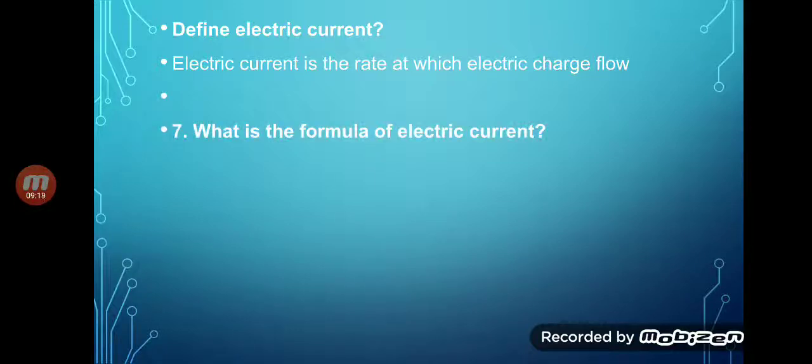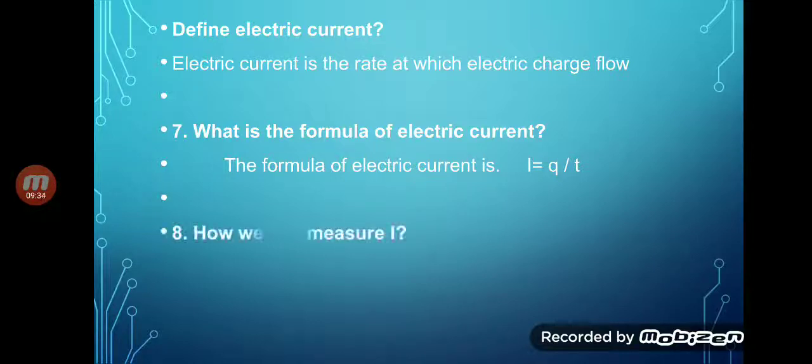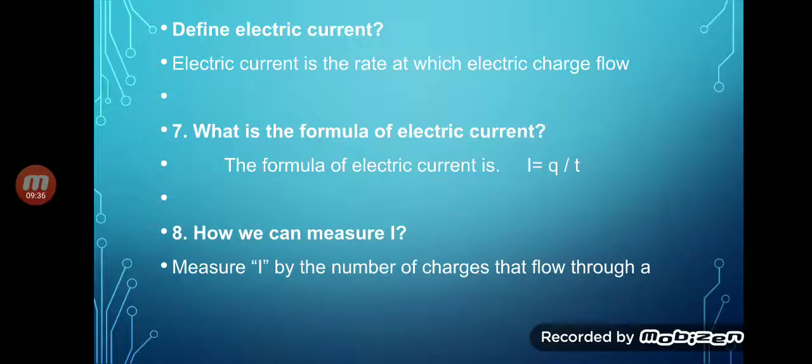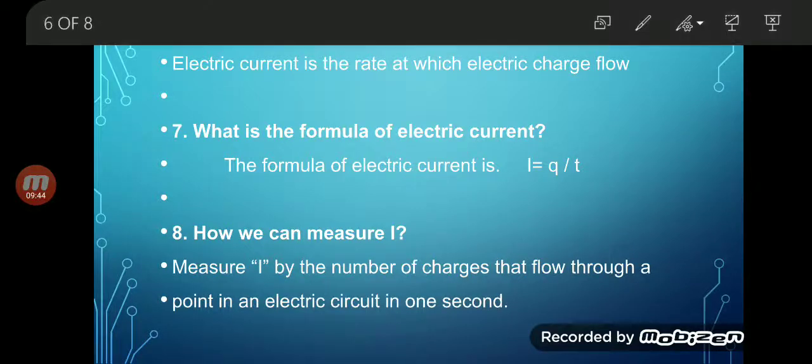Next, what is the formula for electric current? Simple. I is equal to Q by T. I is electric current, Q is the number of charges or number of electrons, and T is time. How can we measure I? We measure I by the number of charges that flow through a point in an electric circuit in 1 second.